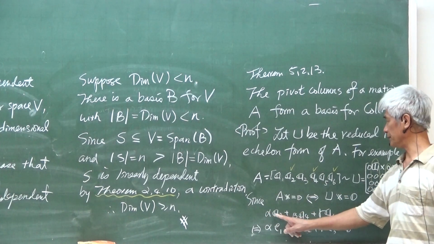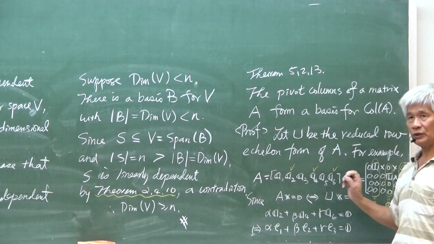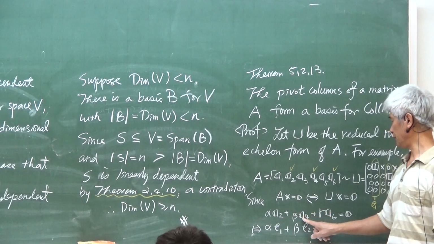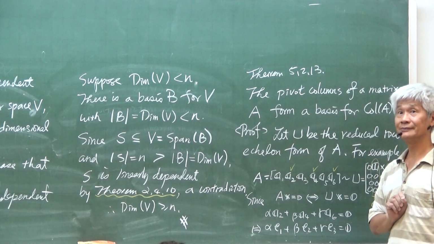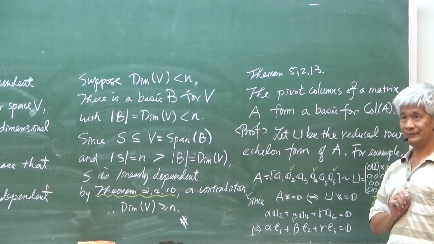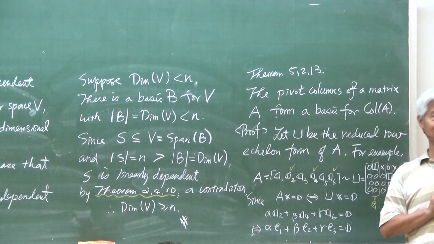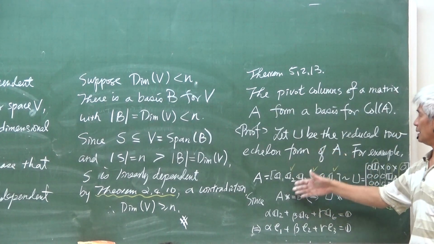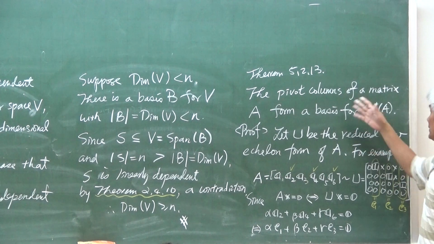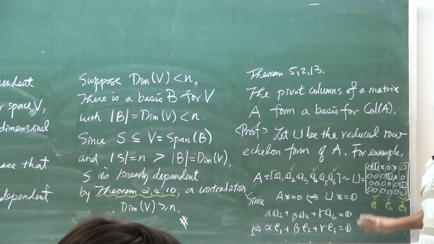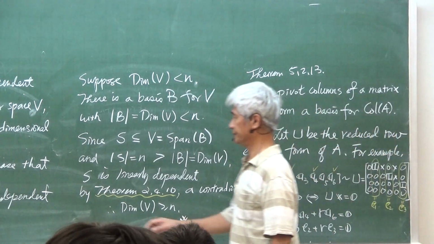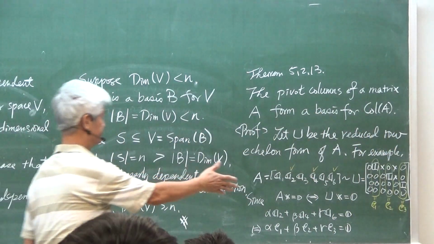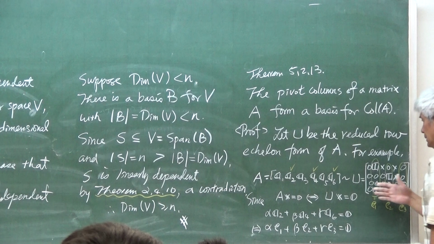And because alpha, beta, gamma are all equal to 0, A2, A4, A6 must be linearly independent. Is that okay? So this shows that the pivot columns are linearly independent, from this example.